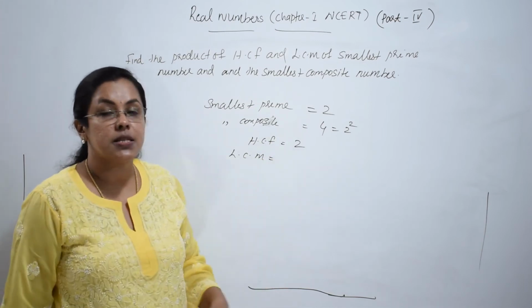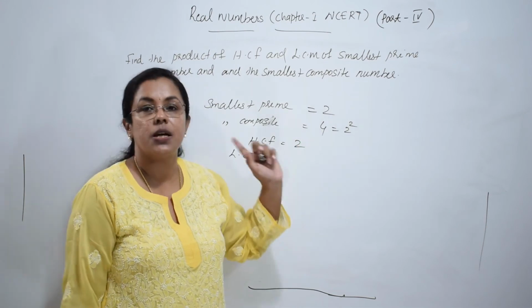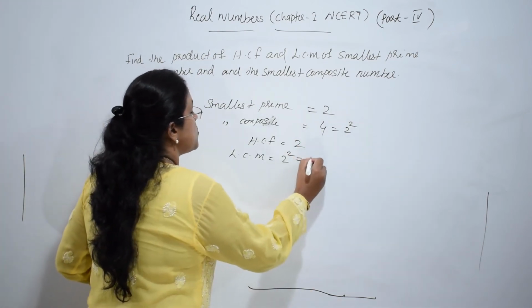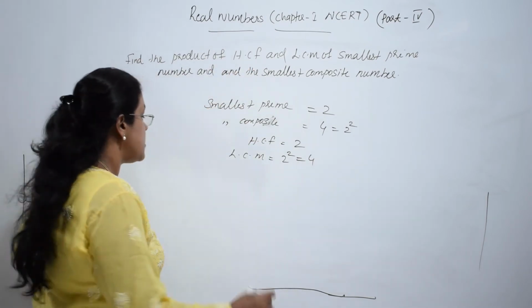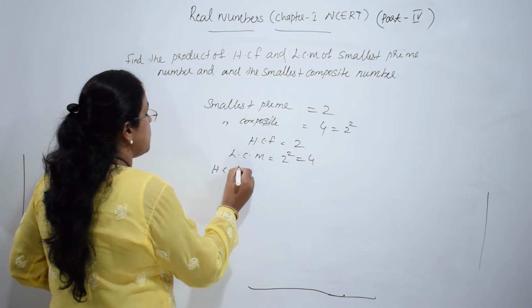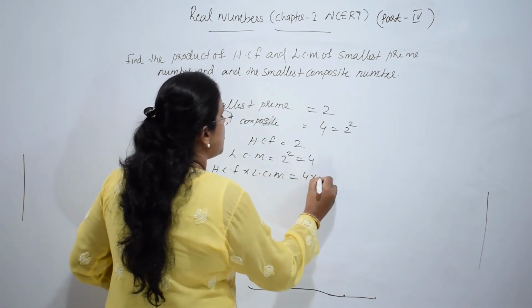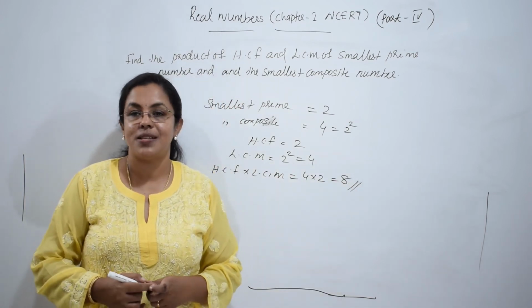What is the highest power of 2? The only prime number here is 2, and the highest power is 2 square. LCM is 2 square, nothing but 4. We have to find the product of HCF and LCM. So HCF into LCM is equal to 2 into 4, that is equal to 8.